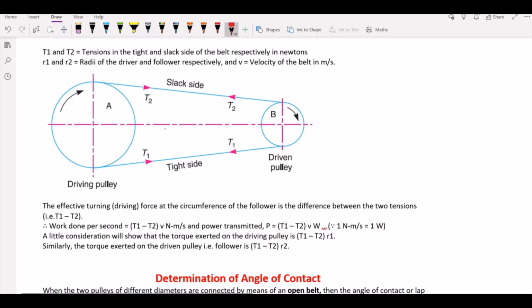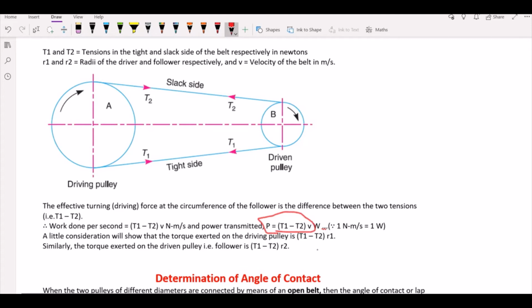That gives the work done, in terms of newton meters per second. To calculate the power, divide by 1000, converting into kilowatts, which is T1 minus T2 into V. This will be my power calculation. Okay, that is about your power calculation.